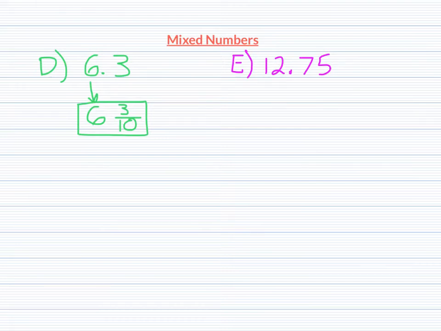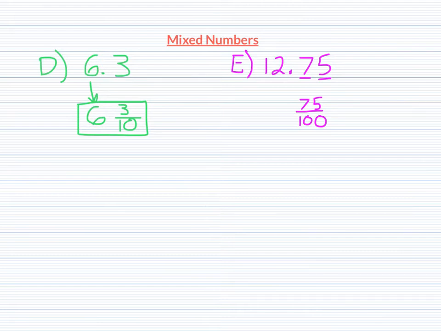Not too bad. Same thing in example E here, we have 12.75. Now some of you might know this already off the top of your head, but let's go through the steps here. This 0.75 goes to the hundredths place, so our fraction is going to be 75 over 100.